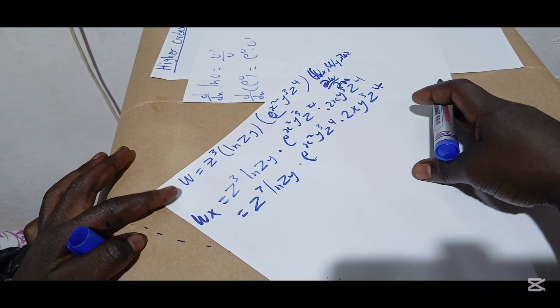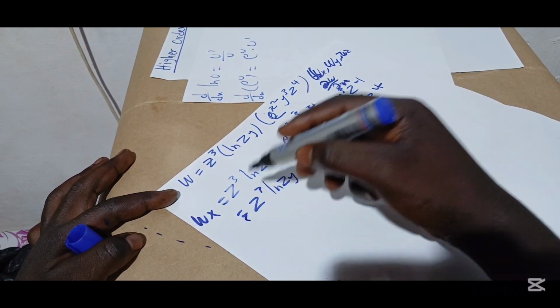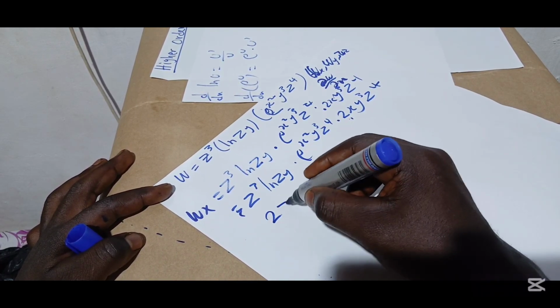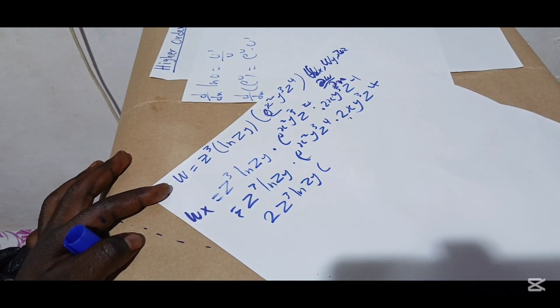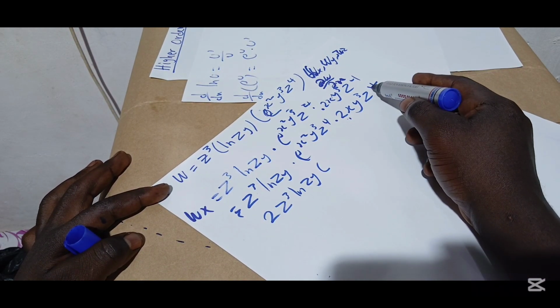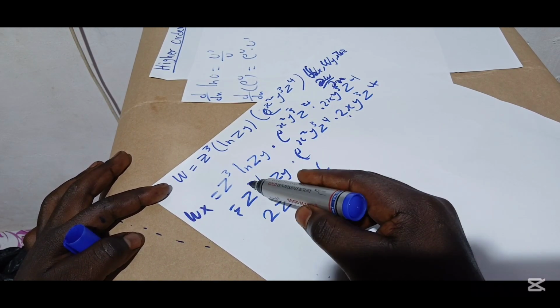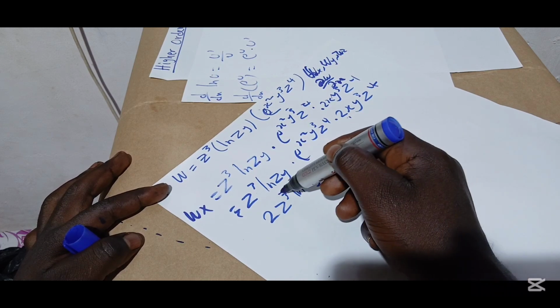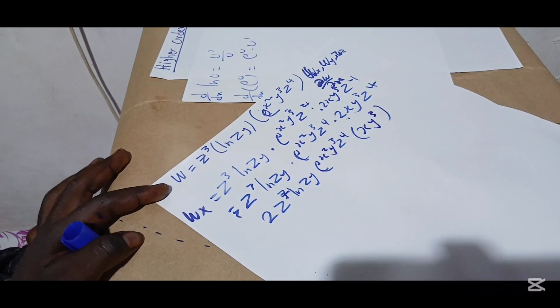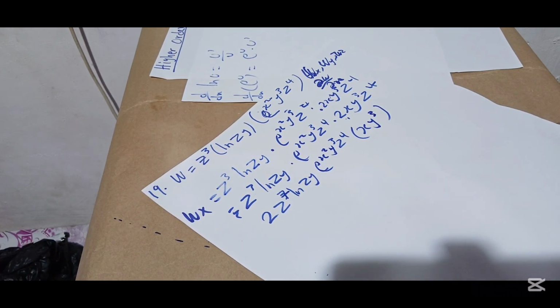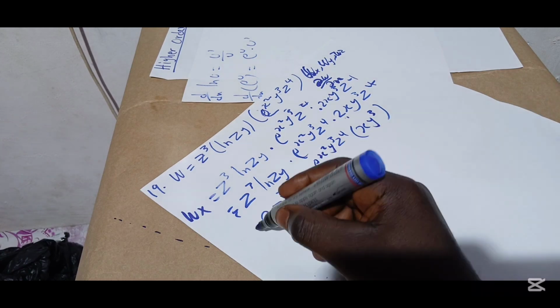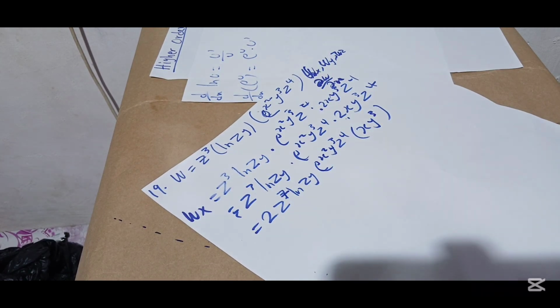We can bring this constant out, getting 2 z to the power 3, and simplifying the terms in z, we have z to the power 4 here and z to the power 3 here, making it z to the power 7. You can simplify it in whichever way you want, provided it's necessary.